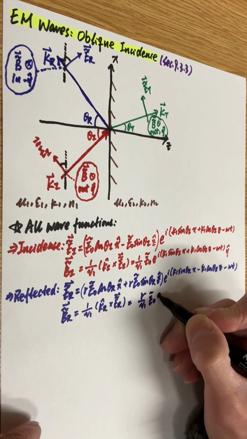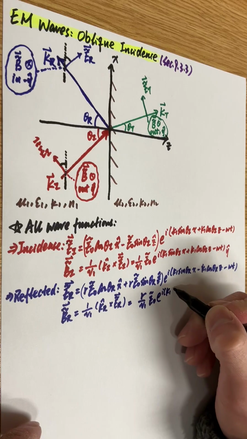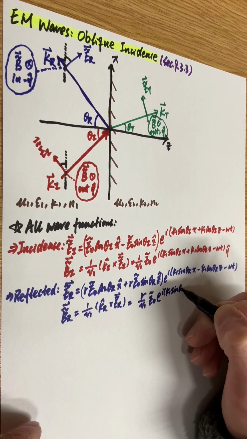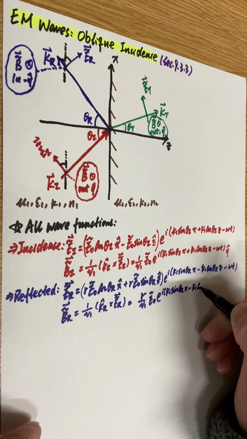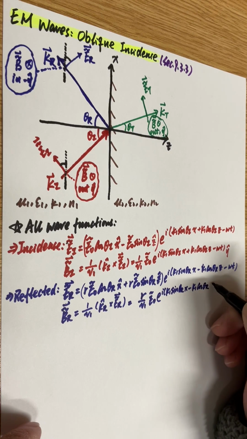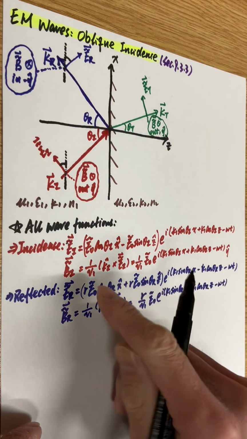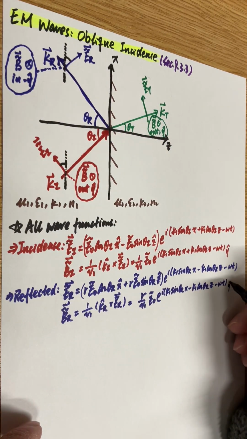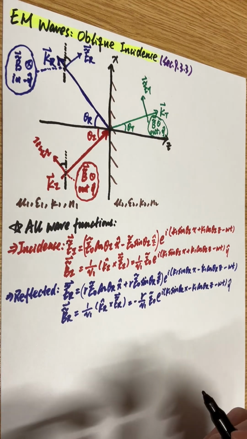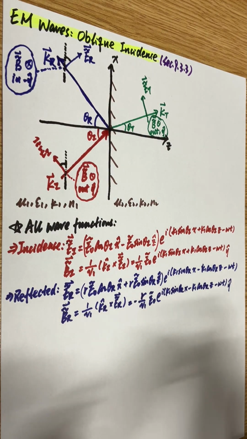And then the propagation function is the same as this one. We have i kappa 1 sin theta r x minus kappa 1 cosine theta r z minus omega t, and then the direction is minus y. Let me check, yes, that's no problem.